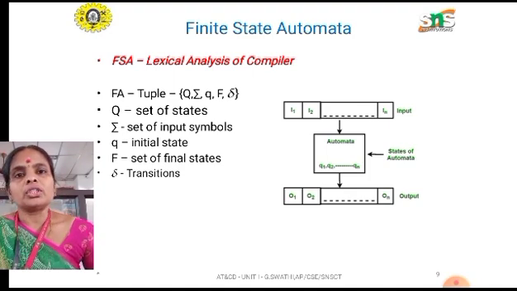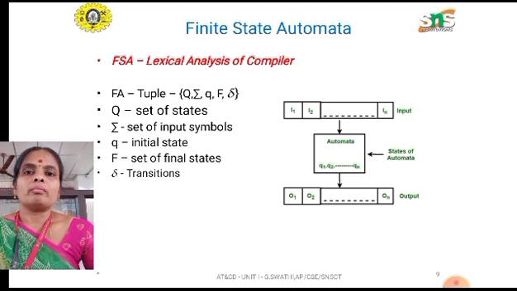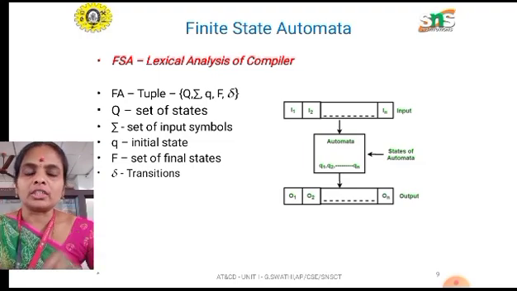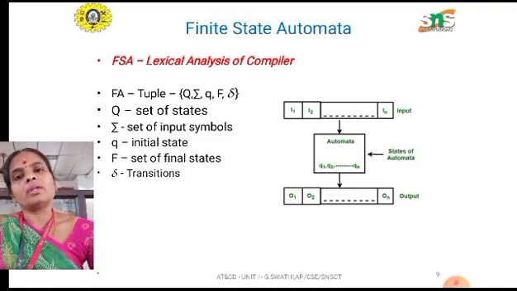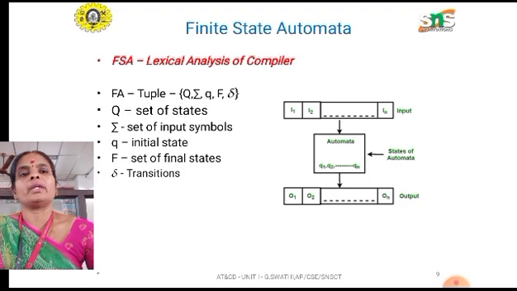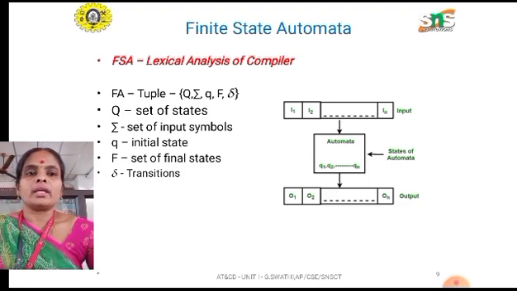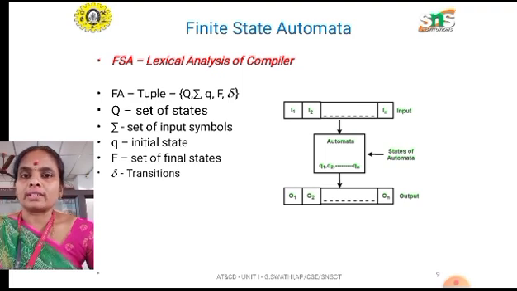The transition provides the change from one state to another state based on the input symbol. Those transitions are depicted as the last set in the tuple. So this is the formal definition of the finite state automata, and it is diagrammatically denoted at the right hand side, where we are taking the input symbols, and the automata is designed which consists of several states, and below which the output is generated whether it is matched with the pattern or not.